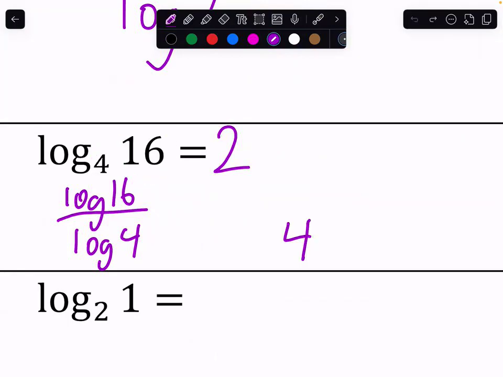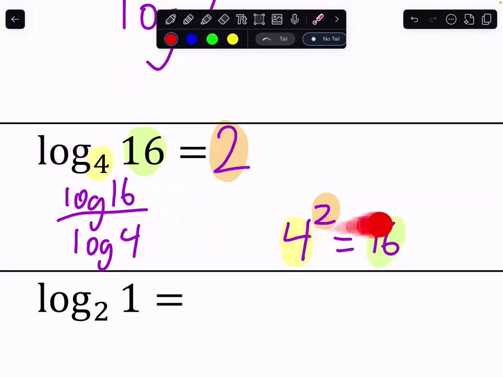You're trying to turn it into 16, and the exponent that does that is 2. Okay, so again, you want to see how the positions of the numbers relate between the two forms. Right, so again, the logarithmic equation and the exponential equation have the same 3 numbers, just in different places.